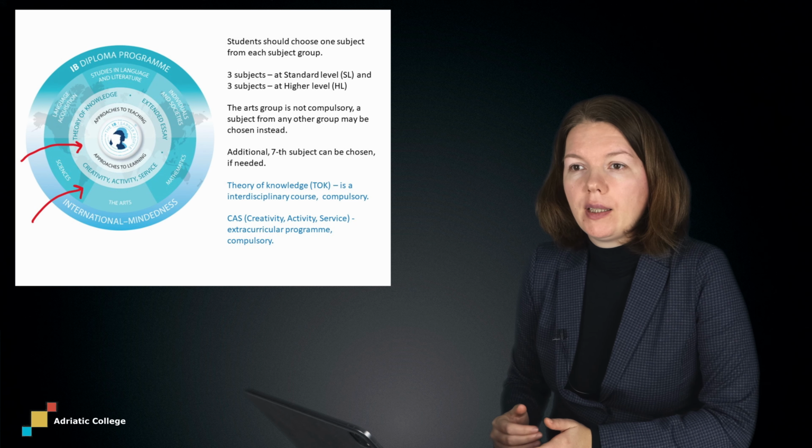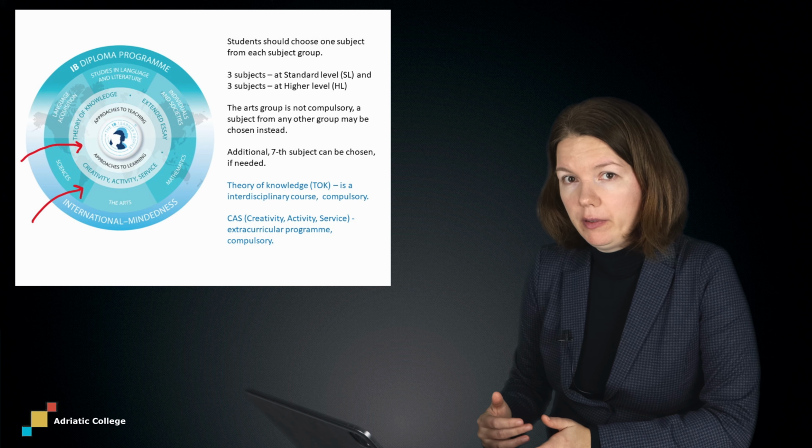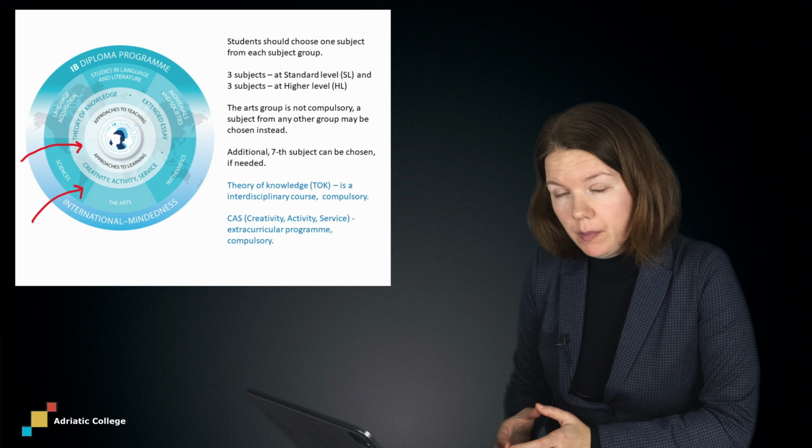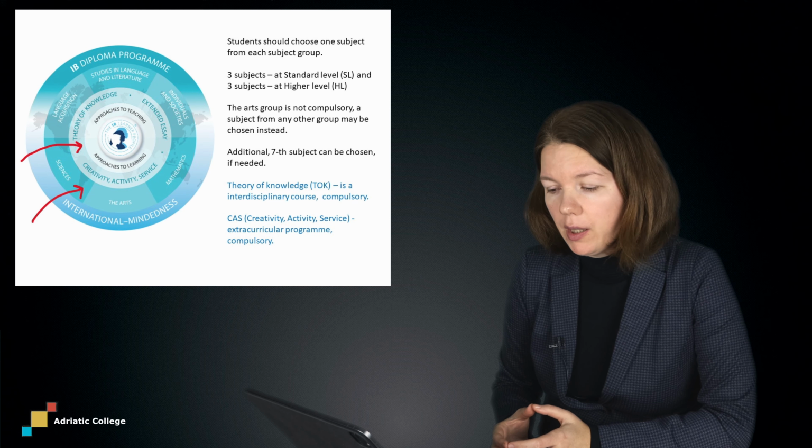Theory of knowledge is an interdisciplinary course, a compulsory one. It should be covered too, apart from the 6 compulsory chosen subjects. And creativity activity service is an extracurricular program which is compulsory and goes above subjects.